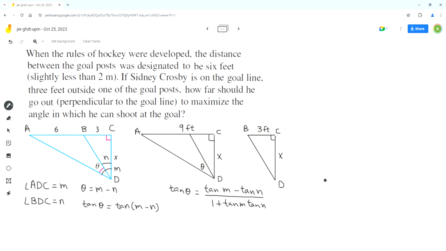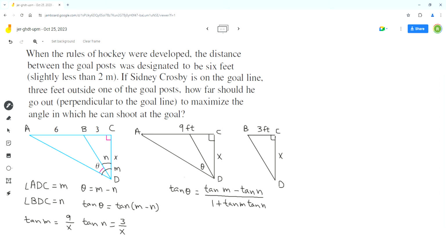Now if we analyze the triangles ADC and BDC, tangent of angle M is equal to 9 over x. The formula for tan is opposite over adjacent. Triangle ADC is a right angle triangle, so tan of angle M is equal to 9 over x. Similarly, tan of angle N is equal to 3 over x from triangle BDC.